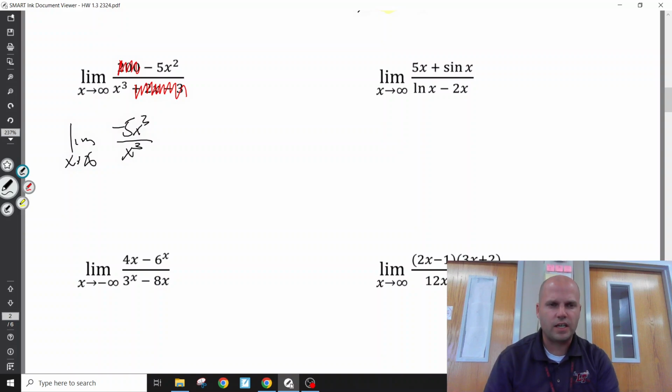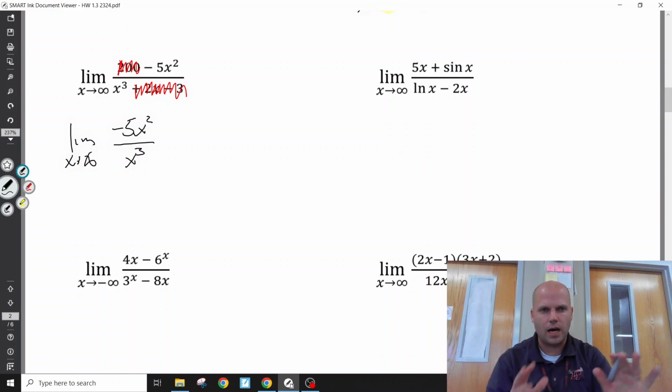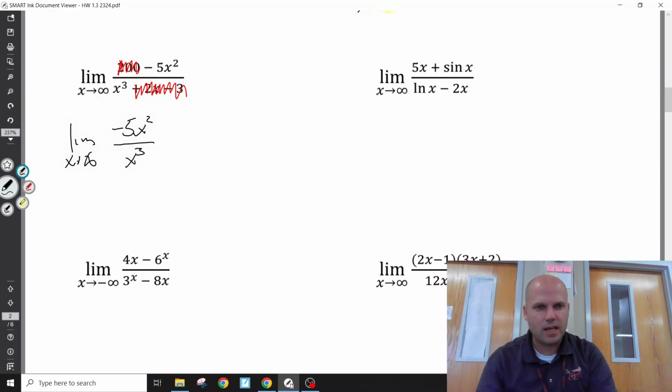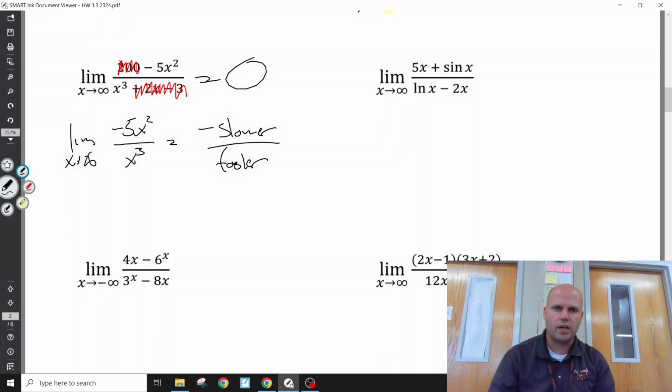You could plug in infinity now, or you could simplify if you wanted to. I'm not going to simplify. I'm just going to leave it like this. I get a negative slower over a positive faster. So going to 0. I don't really care about the negative. Slowers over fasters are always 0.